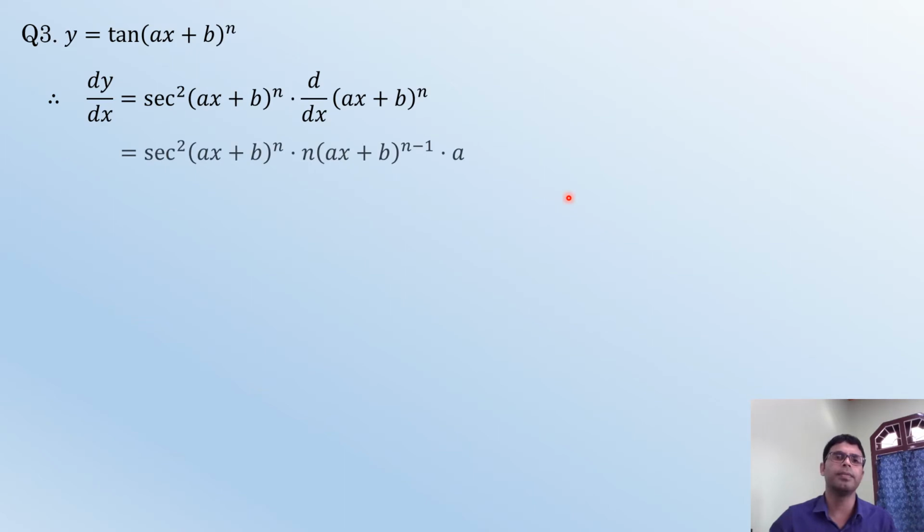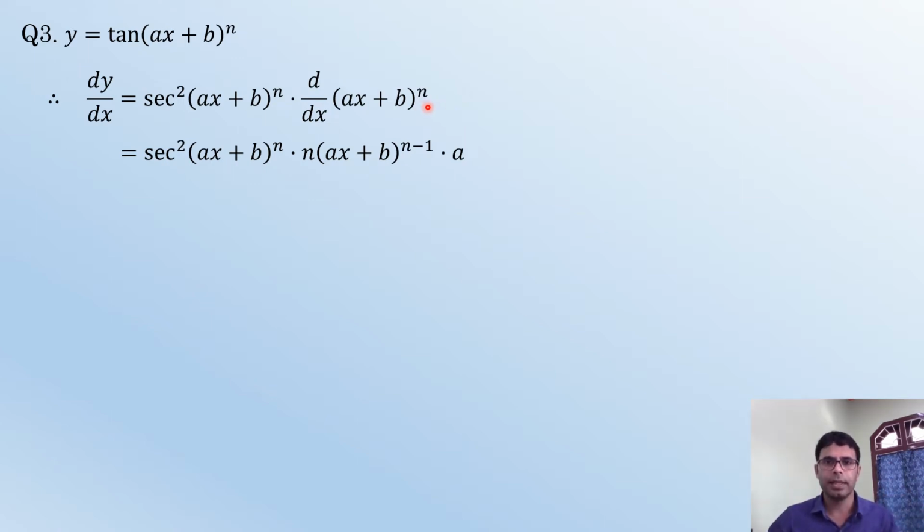Then the next line will be sec square, which remains the same, into d/dx of something in x to the power n format. So the outer function this time is the exponent, therefore n into x to the power n minus 1. The formula: x to the power n differentiation is n into x to the power n minus 1.